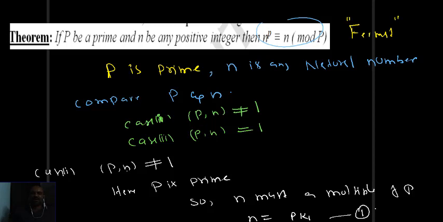In other words, I will write on another page. What I can say, n is congruent to 0 modulo p. Or n power p also congruent to 0 power p modulo p. No problem.